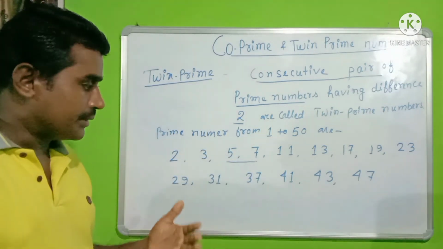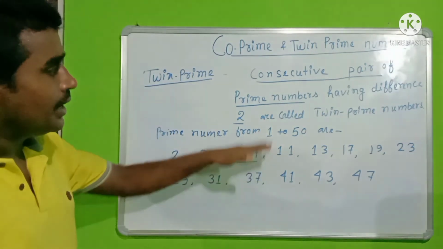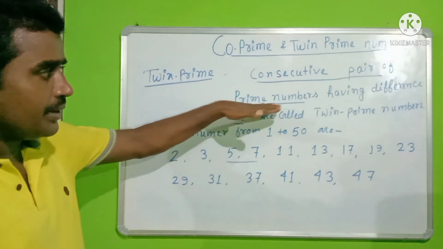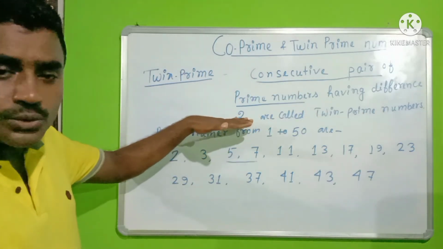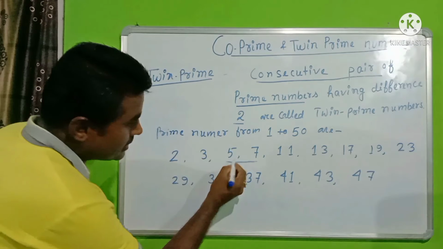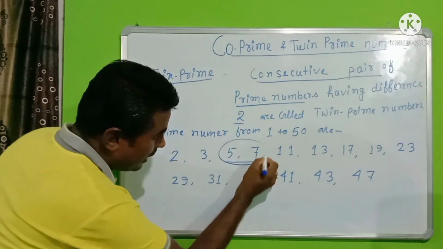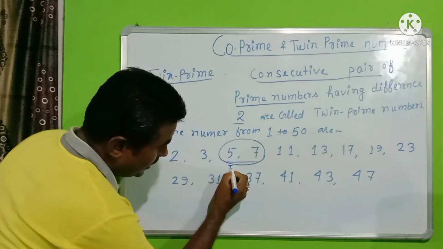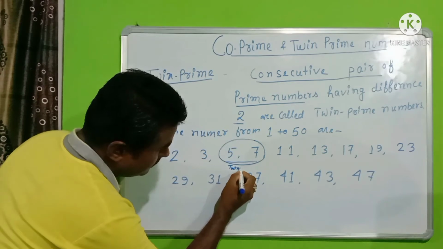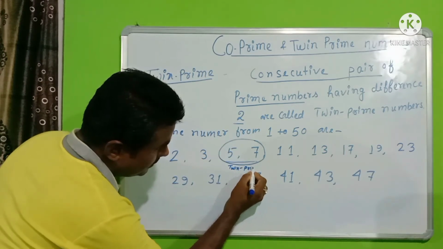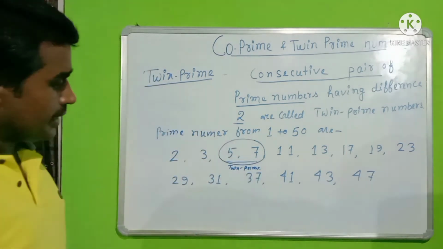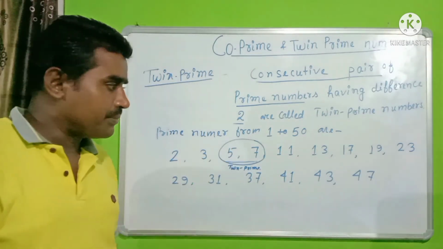It is 2. That means 5 and 7 are a consecutive pair of prime numbers and their difference is 2. Hence 5 and 7, this pair of prime numbers, is twin prime. Okay. Let's check other twin prime numbers.